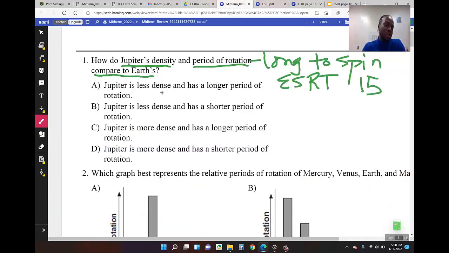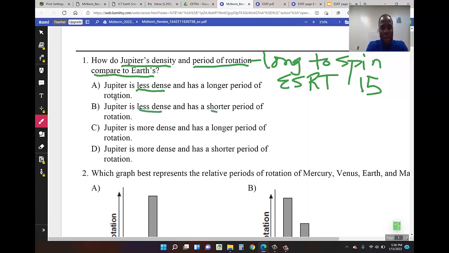So let's look at our options for that question. A, Jupiter is less dense and has a long period of rotation. Jupiter is less dense, that is true, but Jupiter has a short period of rotation, so it's not A. B, Jupiter is less dense and has a shorter period of rotation. It does sound like it.